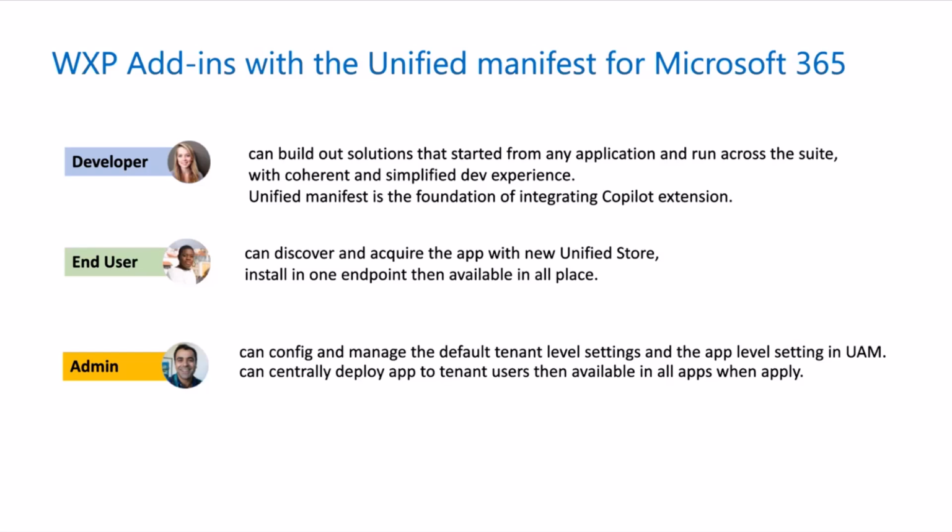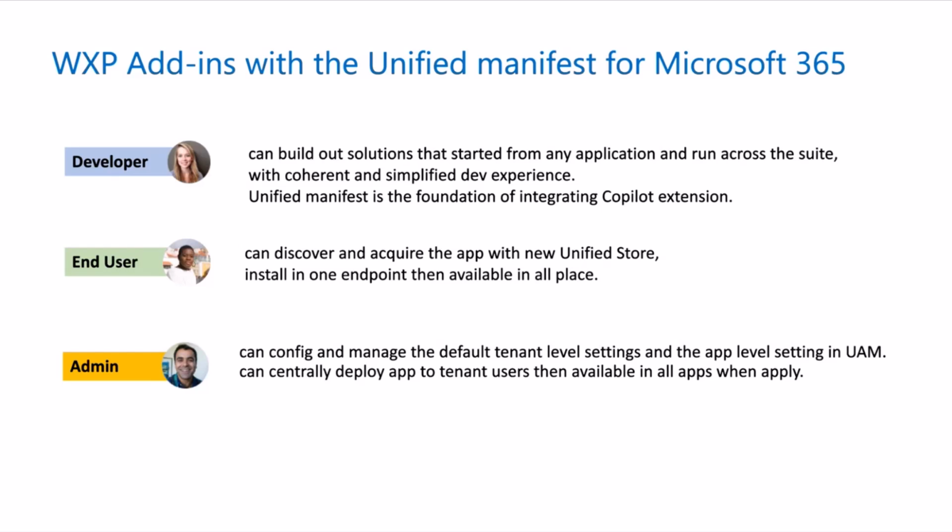It means that you can build one solution, start with any application, and run it across all of M365. This also means that if you already have solutions in, for example, Word, Excel, PowerPoint, Teams, or Outlook, you can combine them into a single solution, a single app, and reduce the deployment effort for your customers.